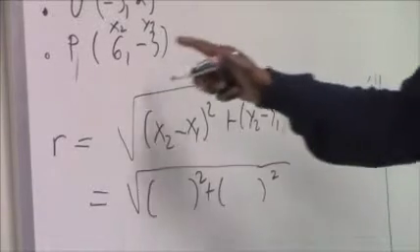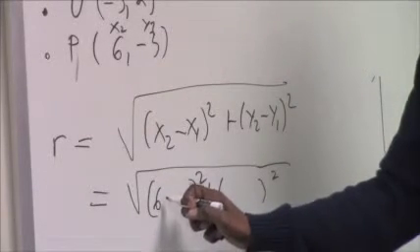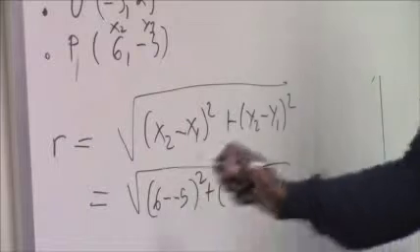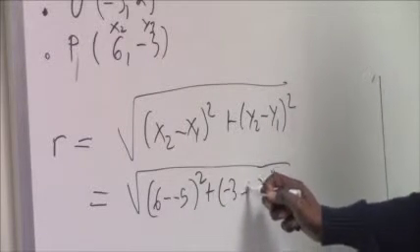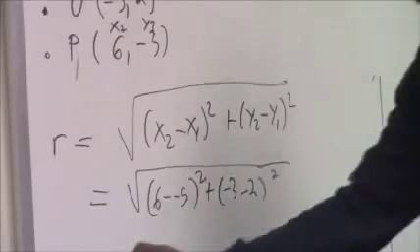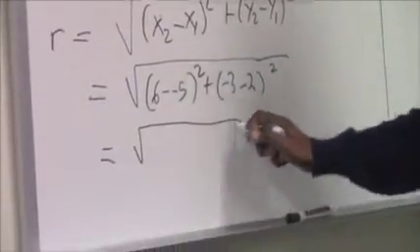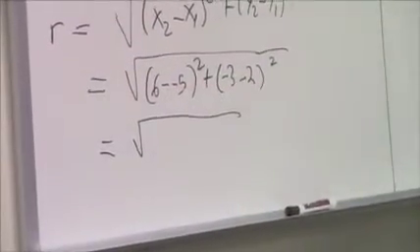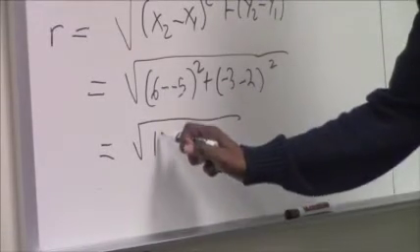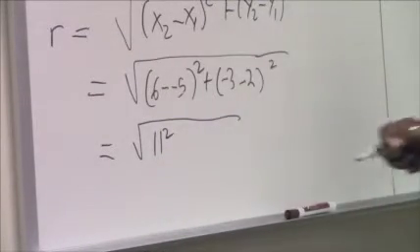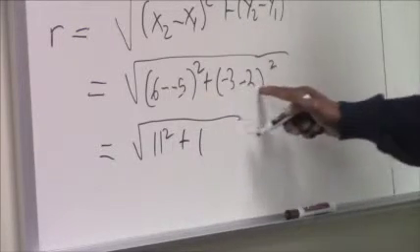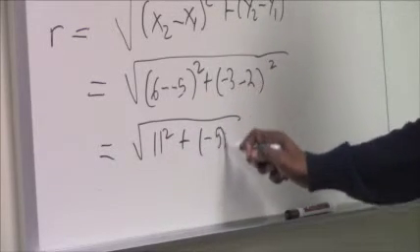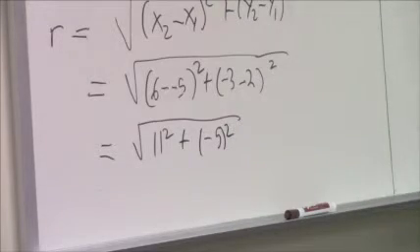X2 here for me is 6 minus negative 5 because X1 is negative 5. Y2 is negative 3 minus 2. 6 minus negative 5, that's going to be 11. 11 squared. Plus negative 3 minus 2, that's going to be negative 5. So it's negative 5 squared. And then we're going to continue up here.